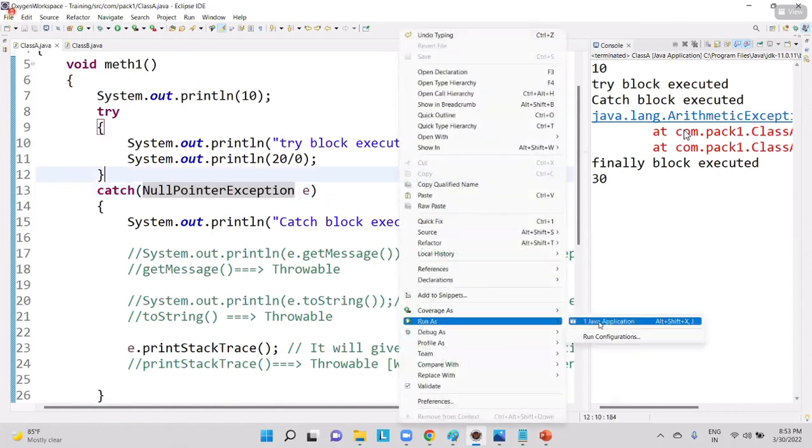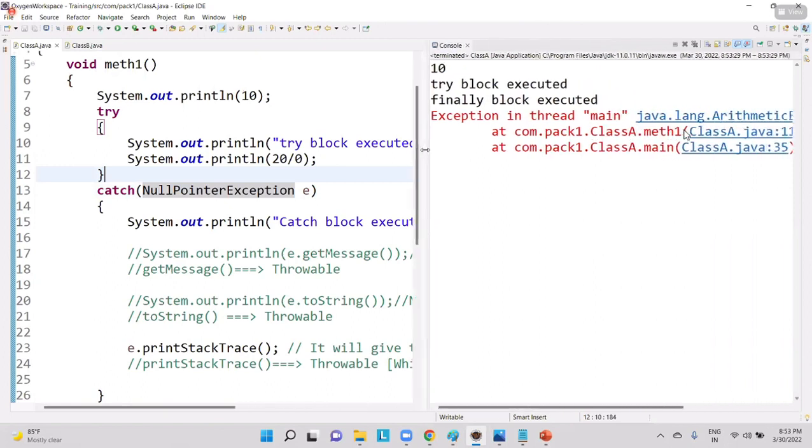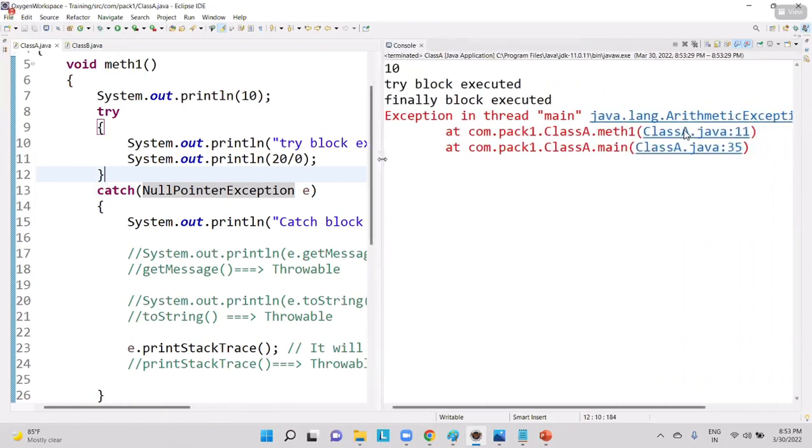Right click, run as Java application. Now my question is, is my exception handled?